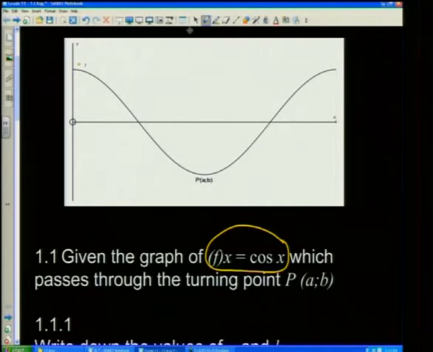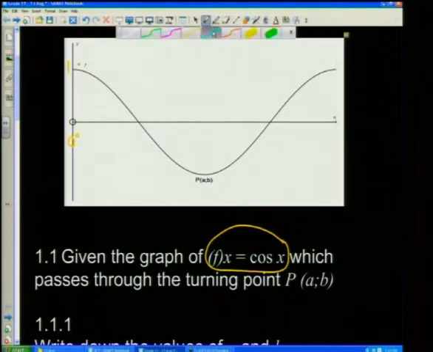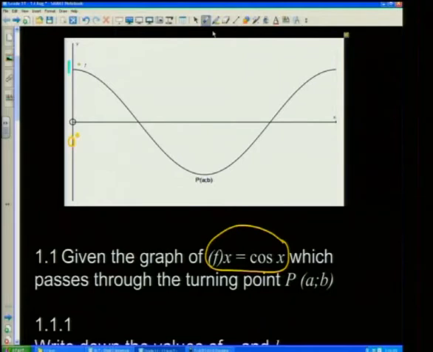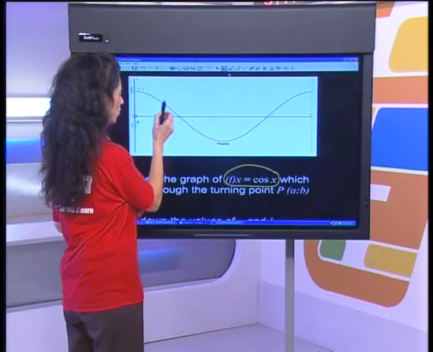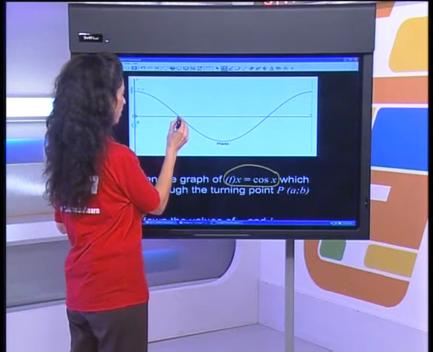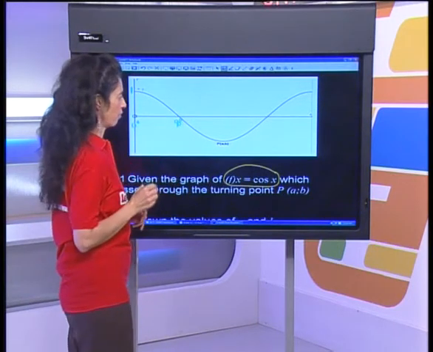So what we would have is at 0 degrees, we would have a maximum value of 1. Then the cos graph would travel by decreasing all the way to this value here, which would be 90 degrees, and that would have a 0 value.